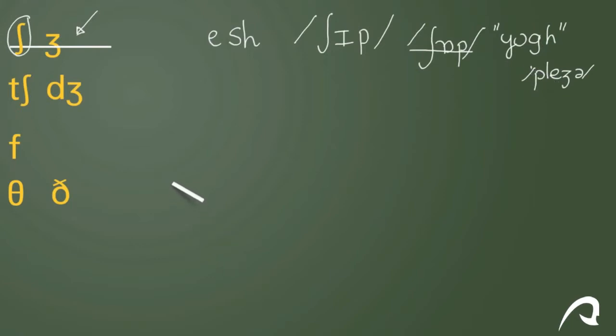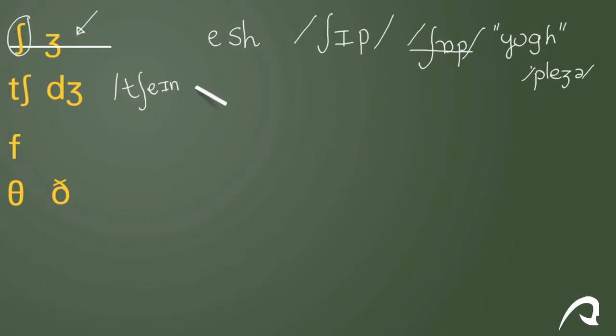Now we move on to our two affricate sounds, and the first symbol stands for the sound ch, as in a word like chain, which I can transcribe for you here. This is chain.